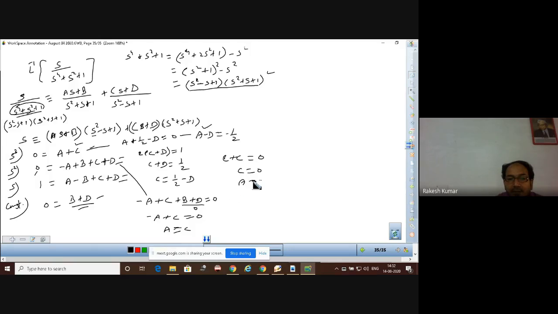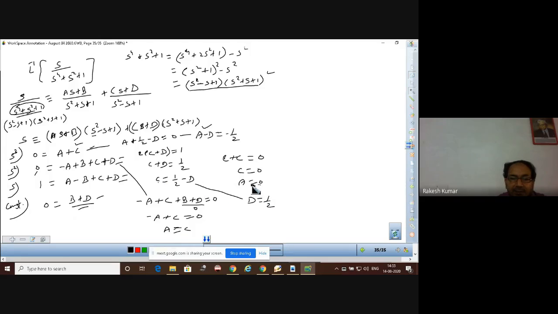A is also 0. Now you can use the values of A and C in these equations. You can use here also. If you use C is 0 here, this one, D comes out to be 1 by 2.